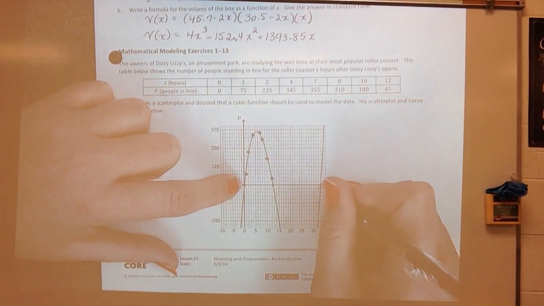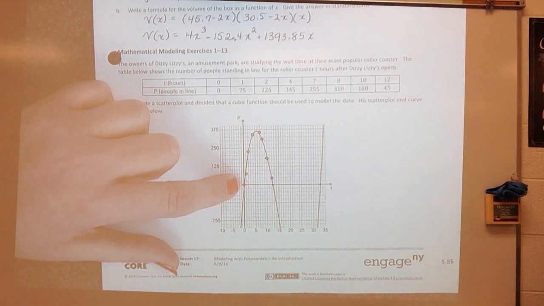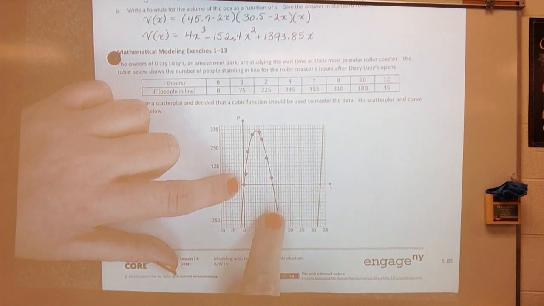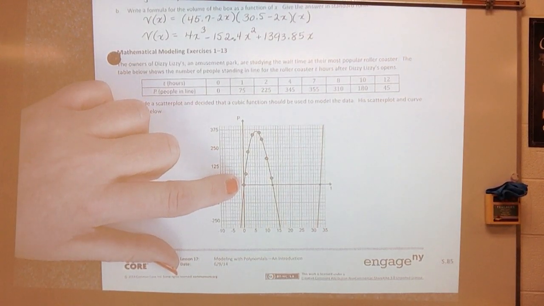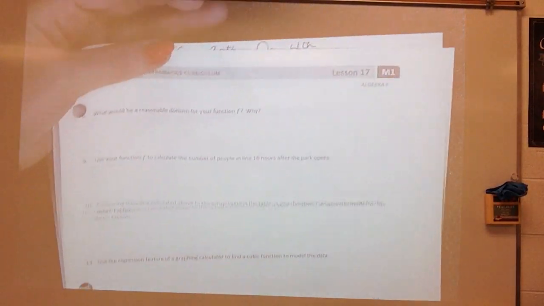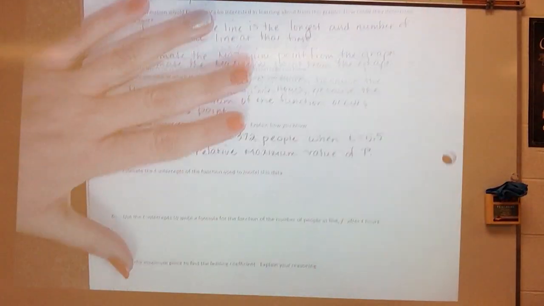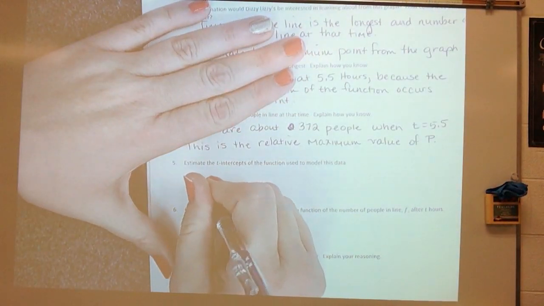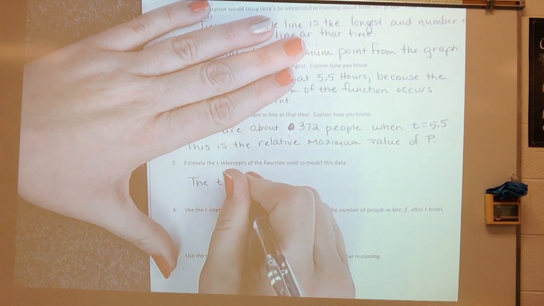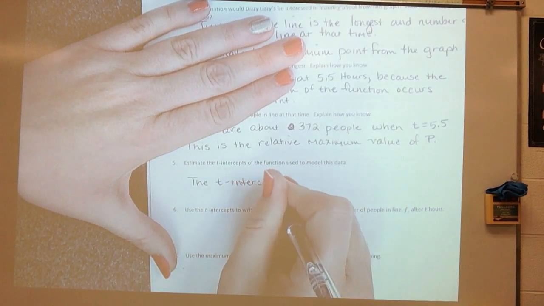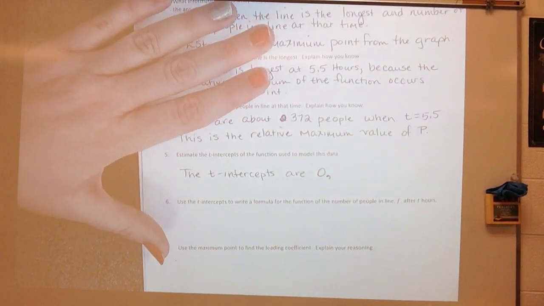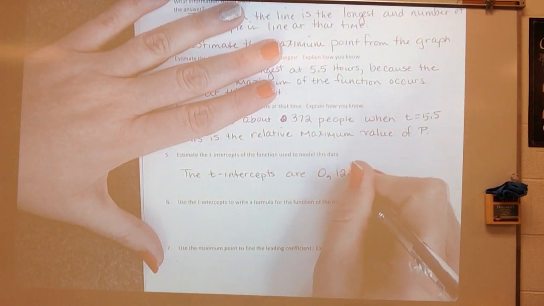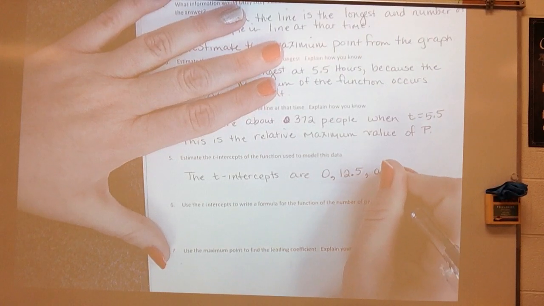But then look over here. Notice it intercepts again, because what happens is it comes down and it loops back up. So it's going to intercept again at 33. So the t-intercepts are 0, 12.5, and 33.